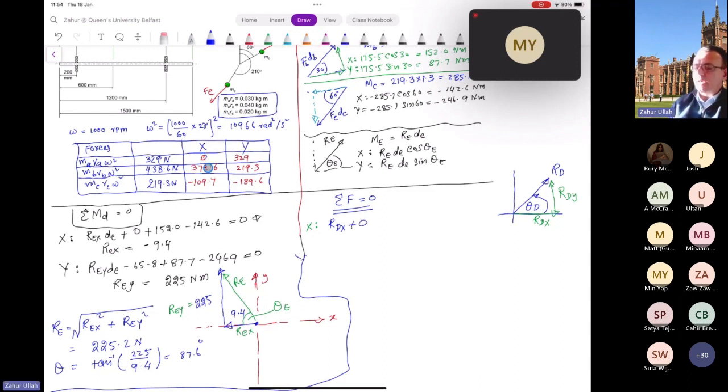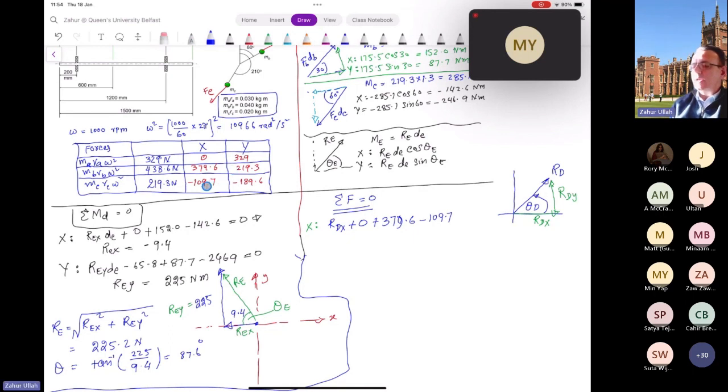Then you have the X component of the second force, which is positive, so 379.6. And then the X component of the third force, which is the FC, and again you can see that this is negative, so minus 109.7.